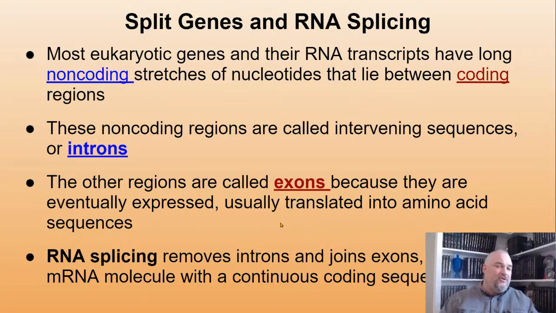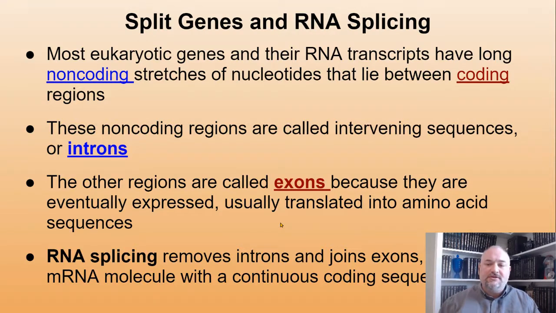So most eukaryotic genes and their RNA transcripts have long stretches of them that are non-coding nucleotides, just gibberish. Okay, and then we have areas that are coding areas that actually code for making a polypeptide. Those non-coding areas are called introns, okay, because they're in between things. And the other regions are called exons.